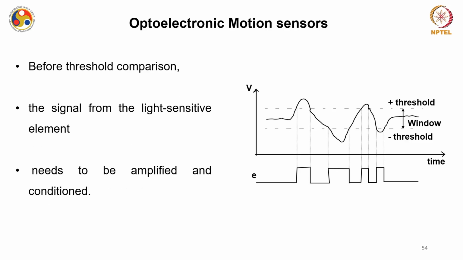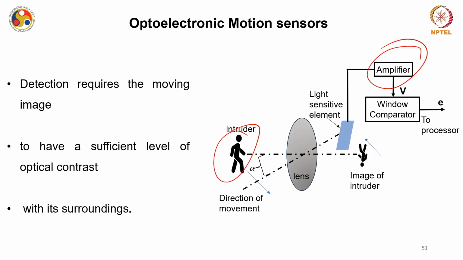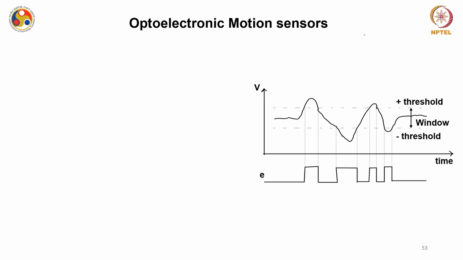Alright. So, before threshold comparison, the signal from the light sensitive element needs to be amplified and conditioned, and that is why I have this kind of circuit element. The output from this light sensitive element is fed to an electrical amplifier. The output of the light sensitive element is in terms of some voltage or current variation, and only then can I feed it to the amplifier.